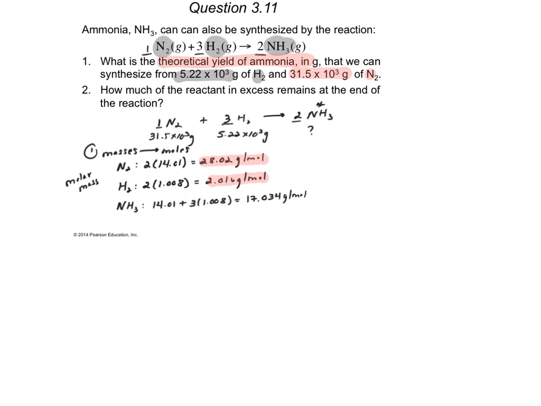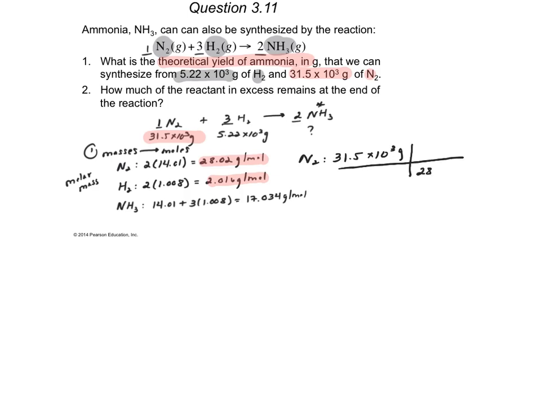I'm going to take the amount of nitrogen that I have and convert that to moles. For nitrogen, we're starting with 31.5 times 10 to the third grams. Our molar mass for nitrogen is 28.02 grams for every 1 mole. So I'm going to divide my mass by the molar mass.